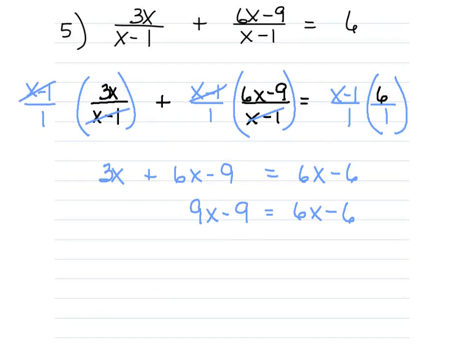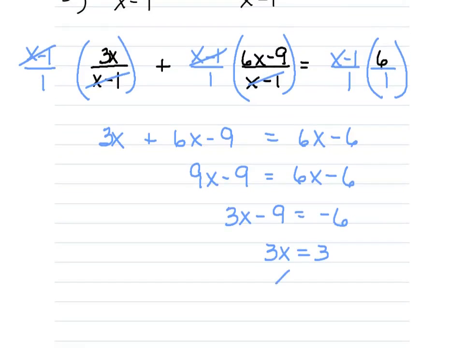Let's go ahead and subtract 6x from both sides. 3x minus 9 is equal to negative 6. We'll add 9 to both sides. 3x equals 3, which means that x is equal to 1. So I have one solution, x equals 1.